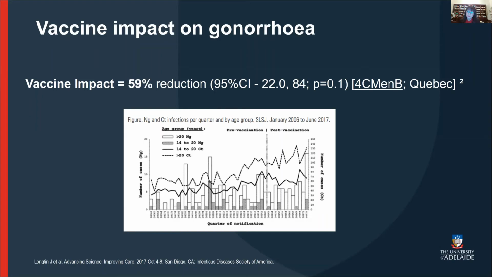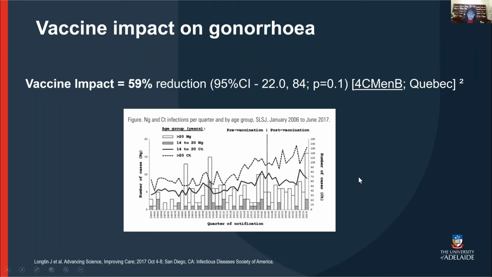I think it was all children and adolescents up to 20 years of age who were included in this program. And they measured vaccine impact, which is looking at the reduction in disease in your whole population and in your whole cohort, I should say.